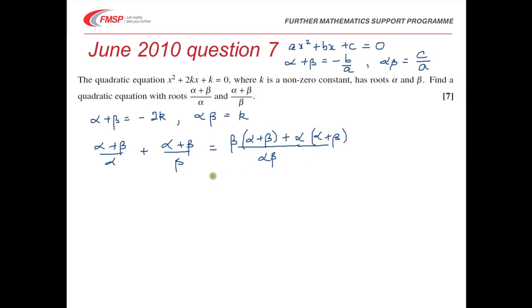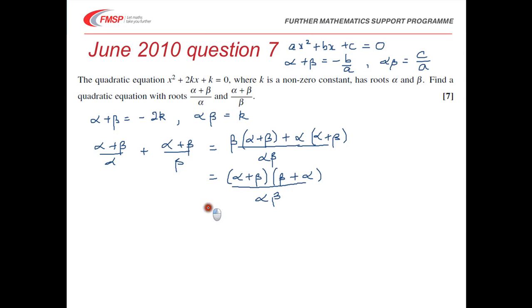Now if you look at that carefully, you'll see that we've got a common factor in these two terms on the top, a common factor of alpha plus beta, and it will go into the first term beta times and into the second alpha times. So actually we can simplify that quite easily.